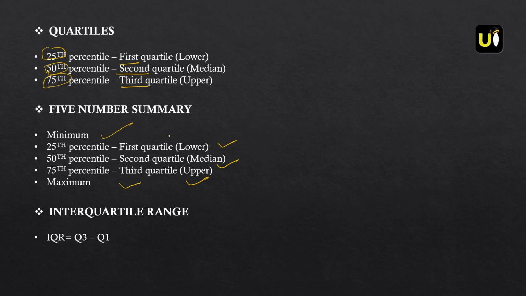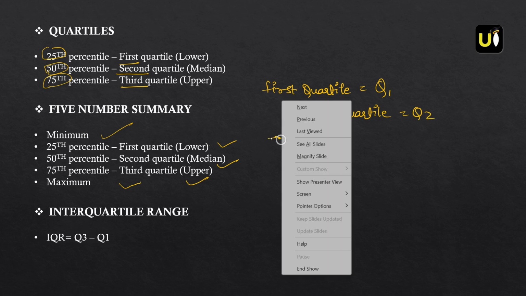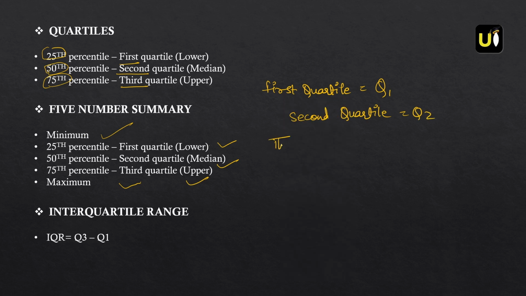All right. So the first quartile is written as Q1, the second quartile is written as Q2, and the third quartile is written as Q3.